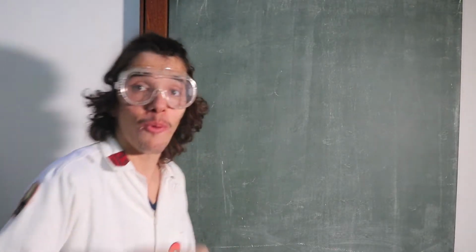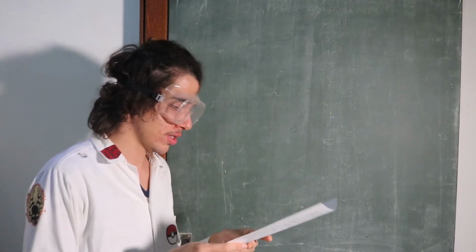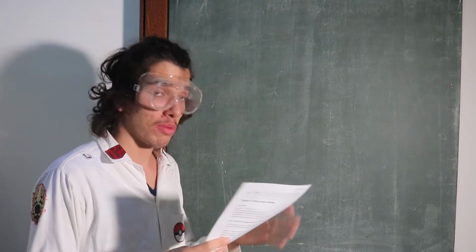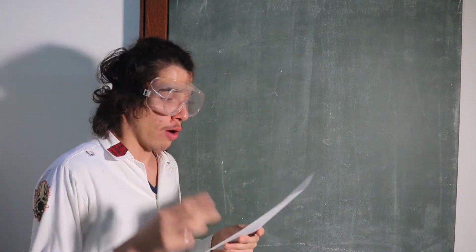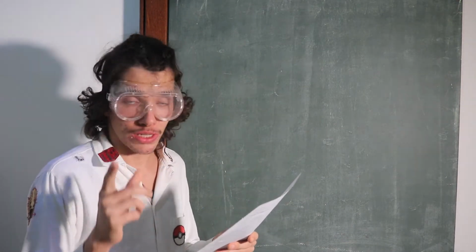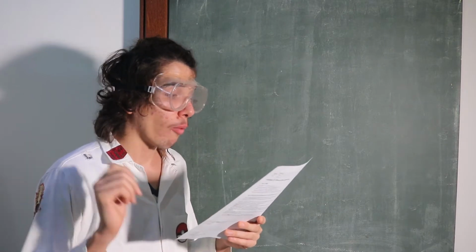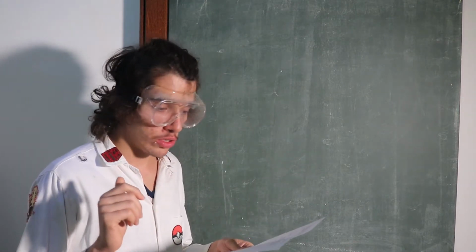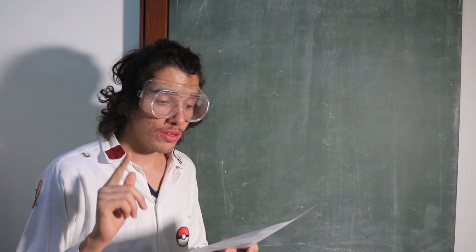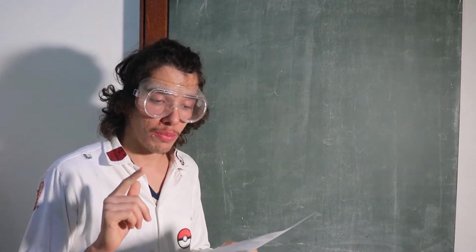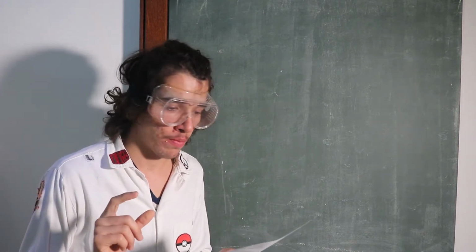I'm going to read you the problem. It's problem 4. When ammonia is added to silver chloride, a well-defined complex of stoichiometry n is formed.